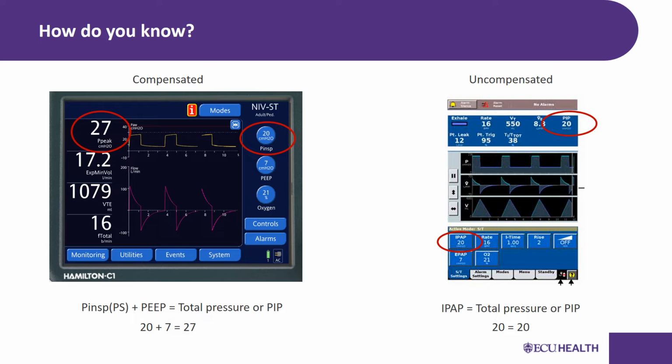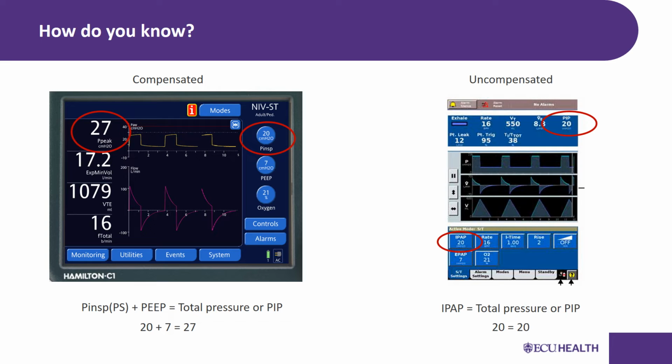In the photos above, we have placed both ventilators on non-invasive ventilation spontaneous time, with the settings of 20/7 and a rate of 16. In the Hamilton C1, the pressure support, or PINSP, that is set is 20, and the set PEEP is 7, equaling a total pressure, or peak inspiratory pressure, of 27.